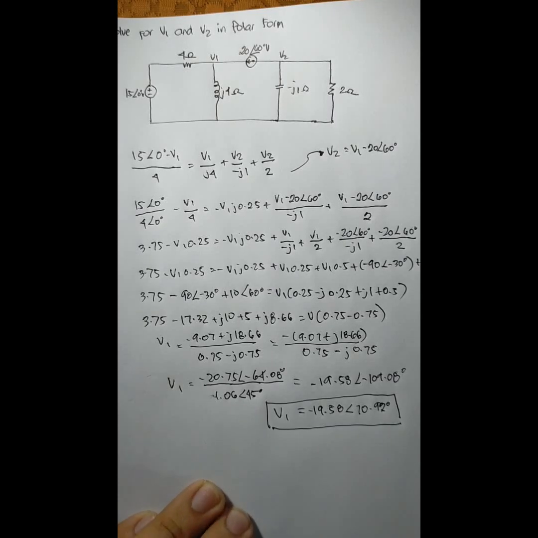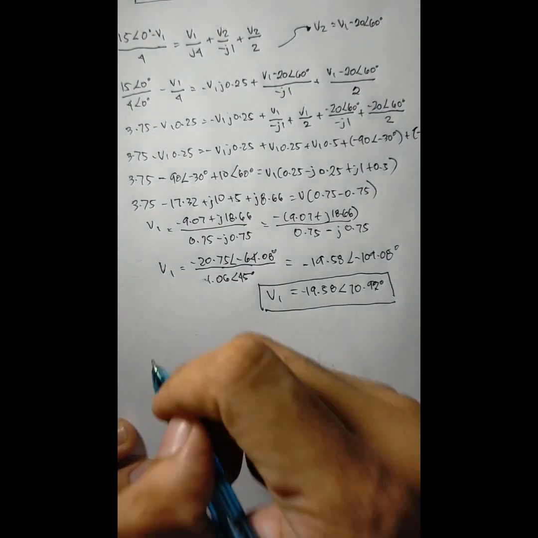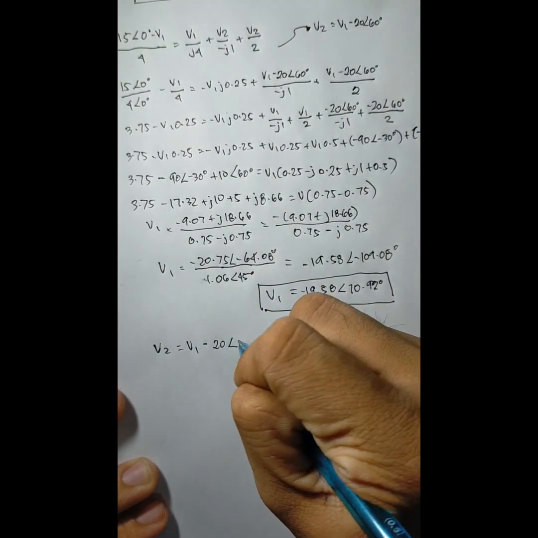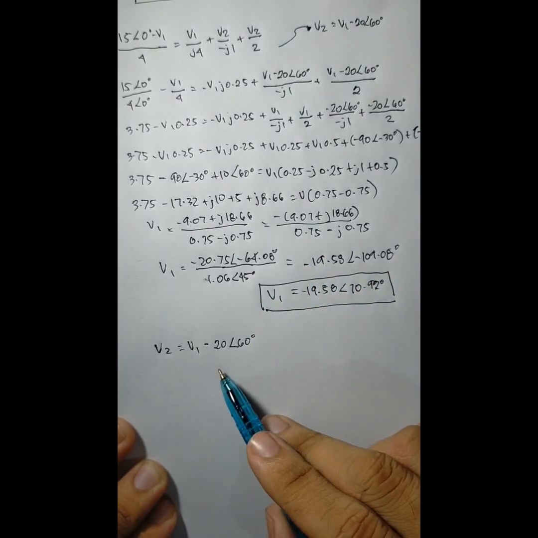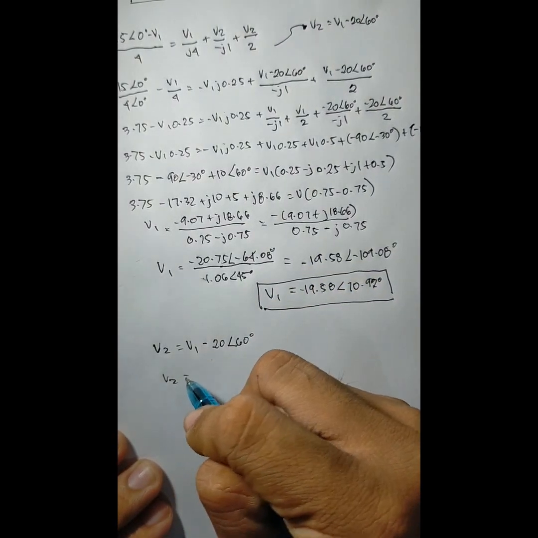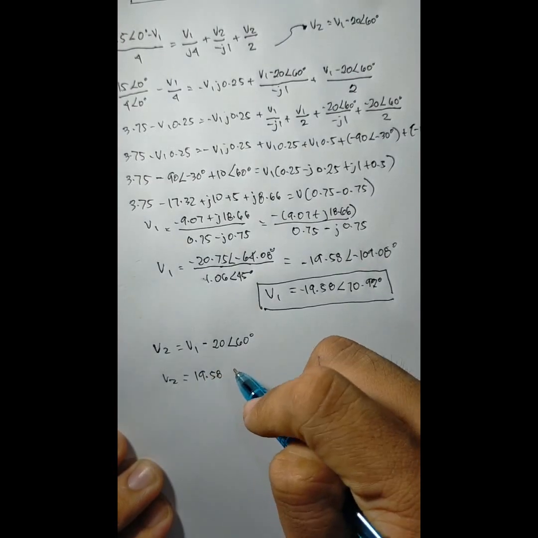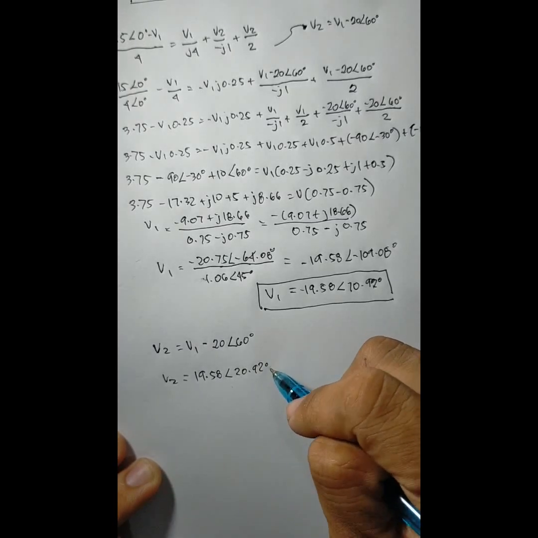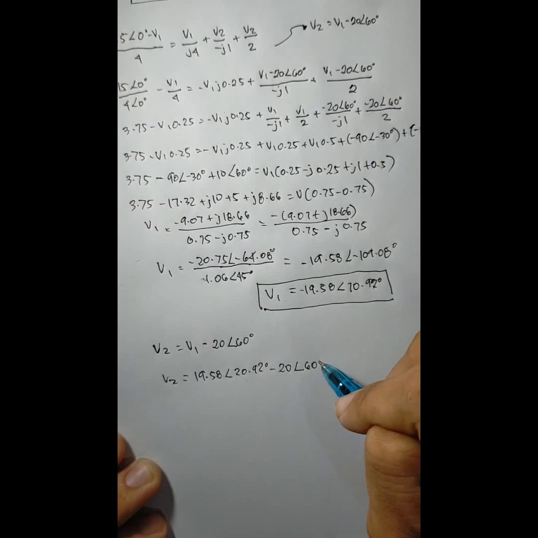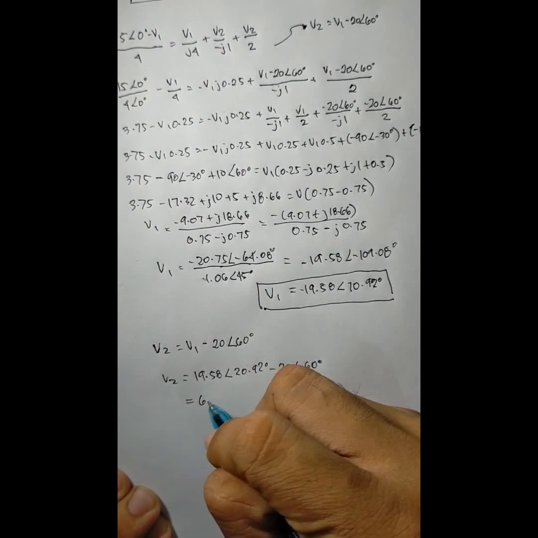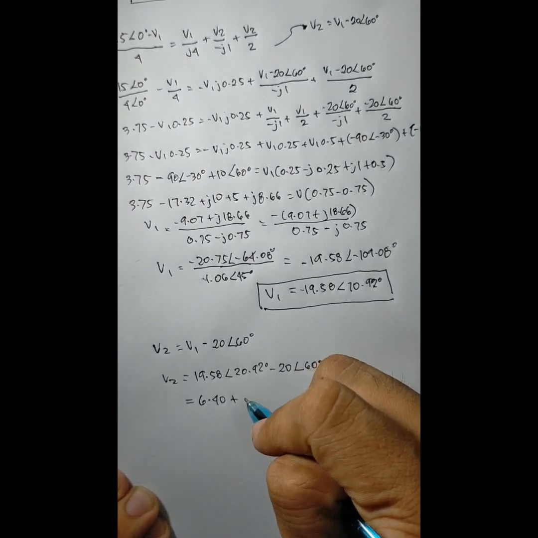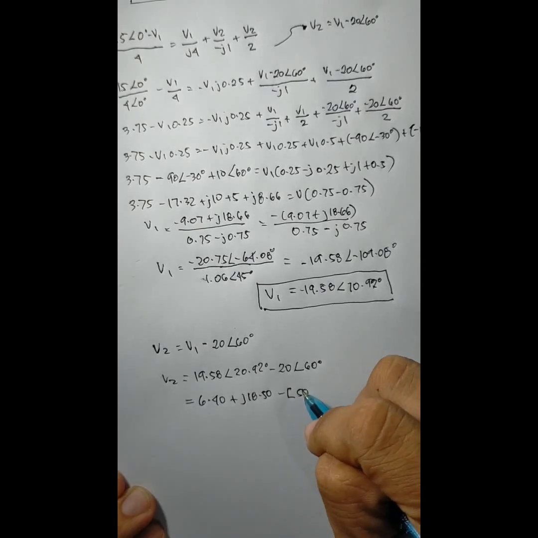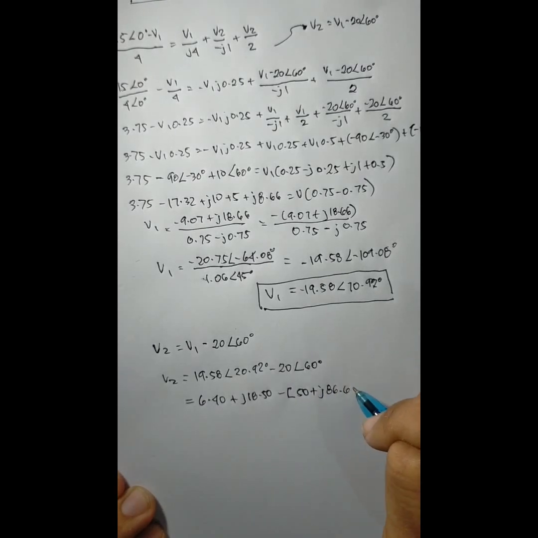So to solve our V2, V2 is equal to V1 minus 20 angle of 60 degrees. So we will convert V1 into rectangular form. So we have V2 is equal to 19.58 angle of 70.92 degrees minus 20 angle of 60 degrees. So this will become 6.40 plus j18.50 minus 10 plus j17.32.